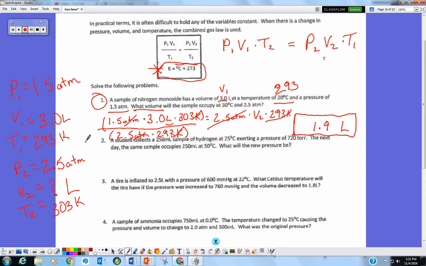I haven't mathematically verified that, but I know that you run into some problems when you don't convert Celsius to Kelvin. There are times that you won't come up with the same thing. So hopefully this will help you out if you get stuck.